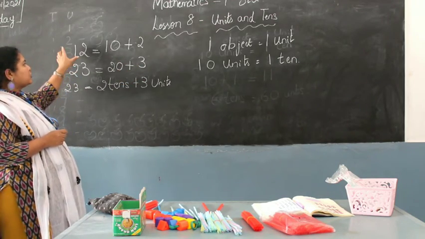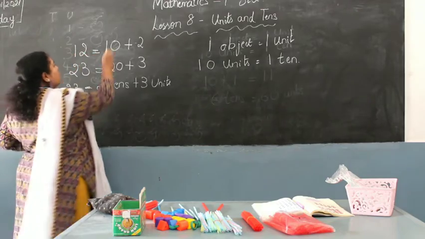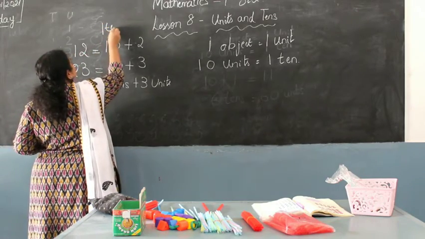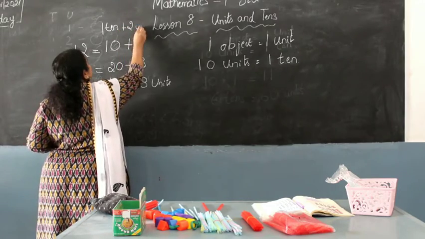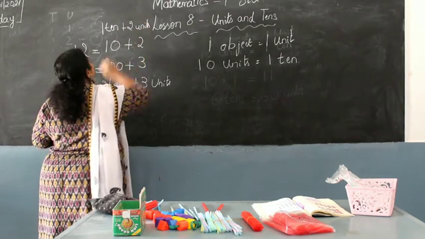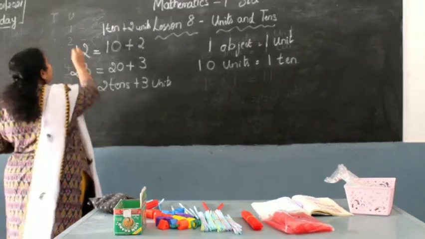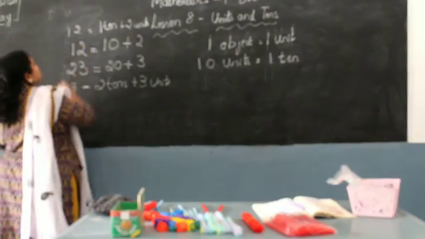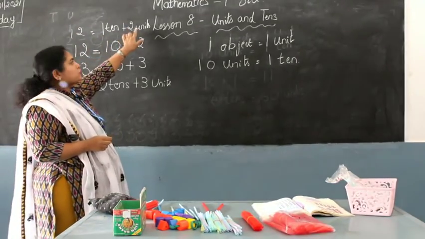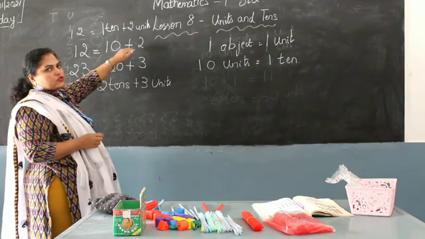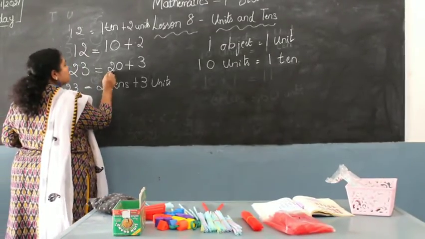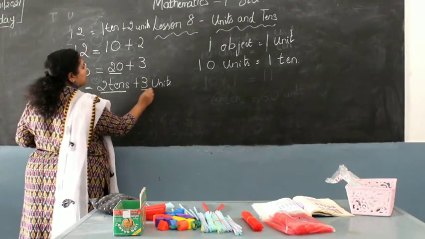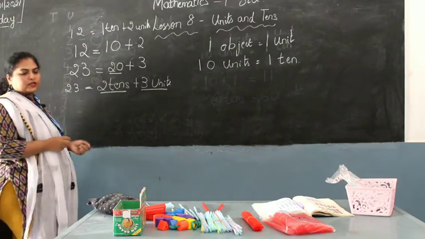Got it? When I say 12, it is 1 ten plus 2 units. Okay? So 12 means 1 ten plus 2 units, that's 10 plus 2 is 12. When I say 23, it is 2 tens, that's 2 tens plus 3 units is your 23.